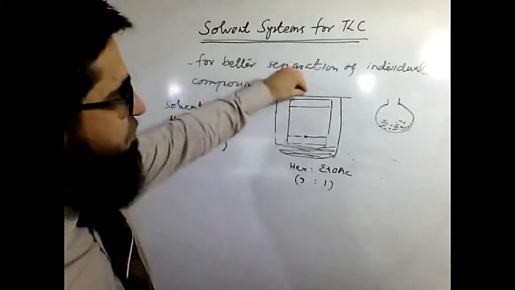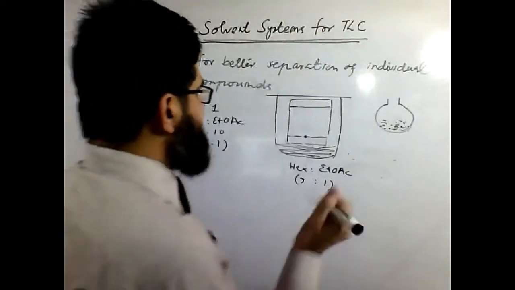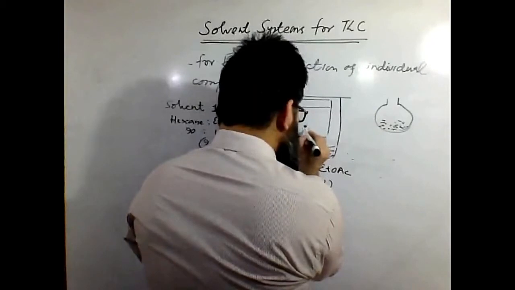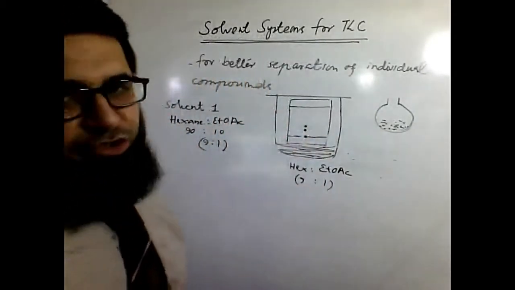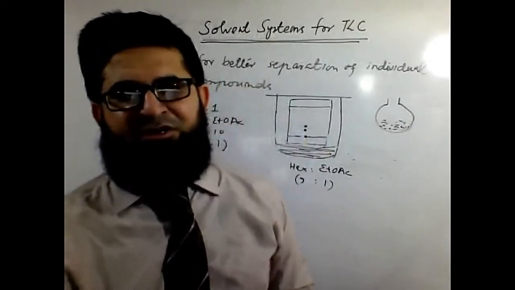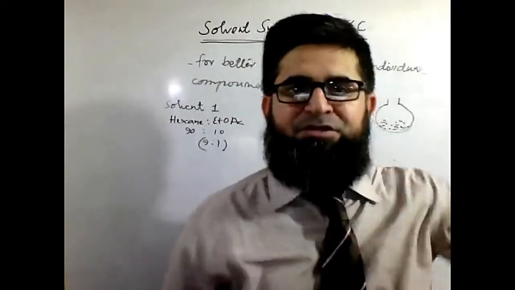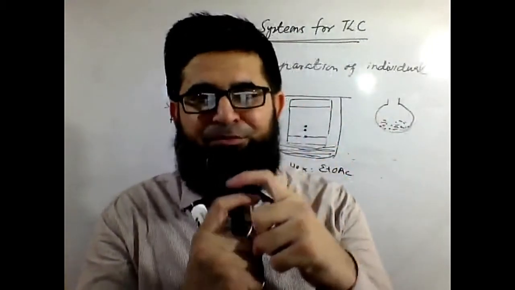As usual, we will remove the lid and then we'll take the TLC out, and we see what we see. We'll see that the two components, the two spots which were merging in the previous TLC have moved apart from each other, because they have a different polarity from each other.